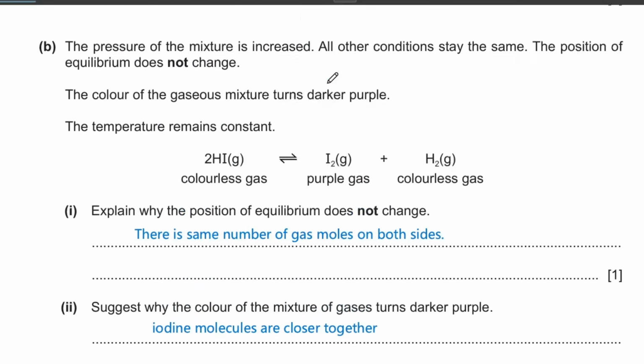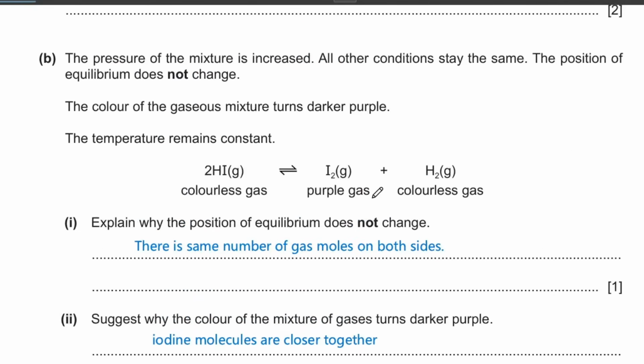And let's come to the equilibrium. This is purple gas. So we are told that when the temperature is decreased, this purple gas becomes lighter, which means it's telling us that the reaction moves to the left because the color becomes lighter. So it's moving to the left. Now, since it is moving to the left, that means the backward reaction is exothermic.